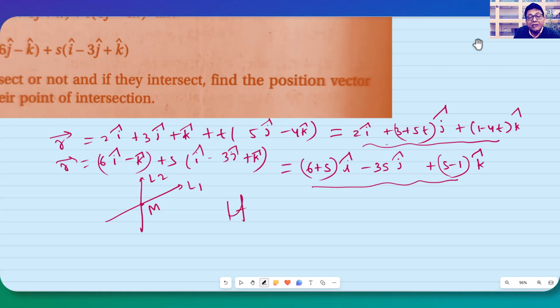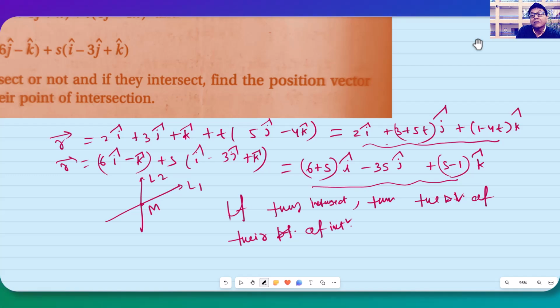So if they intersect, then the position vector of their point of intersection is common.